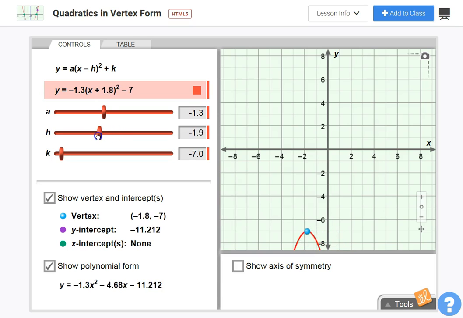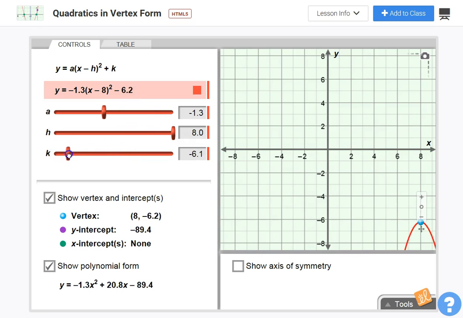Where we see subtraction, it's actually moving to the left, but it's easy to understand if you insert a negative h value, you move in the negative direction. So the more negative it becomes, the more it moves away from the origin to the left. And when h is 0, it's right on the origin. And then as it moves to the right, it's caused by a positive h value.